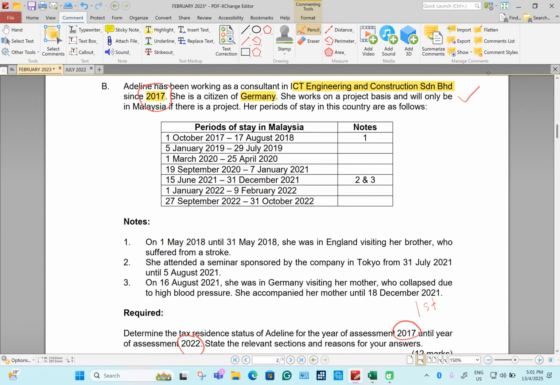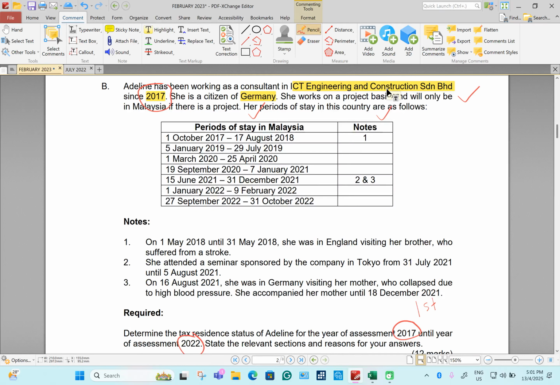Alright, next. Her period of stay in this country are as follows. So you are given information, period of stays, followed by notes. Now, let's take a look at our notes and identify whether these three notes are TA or not TA.